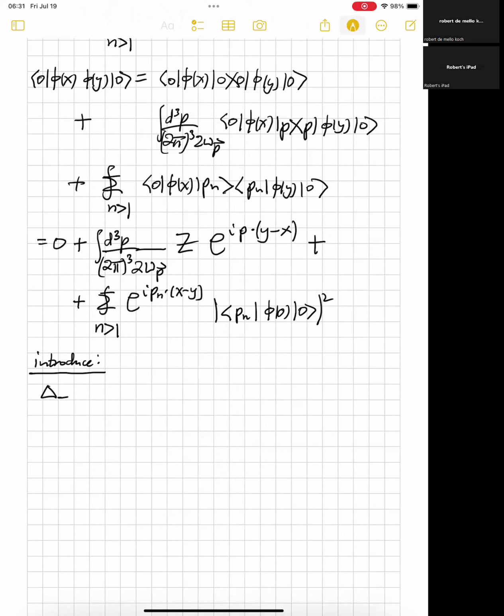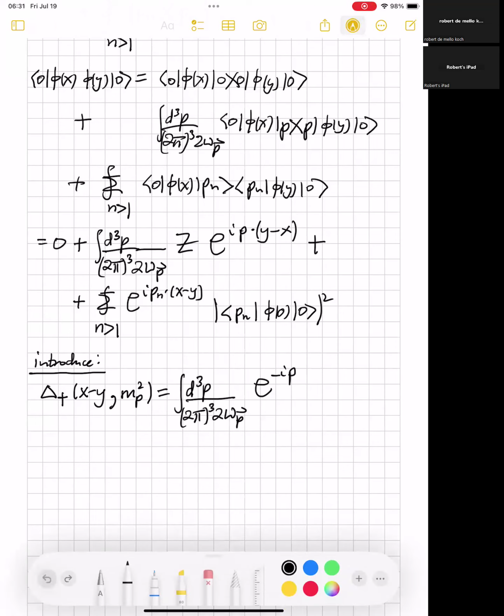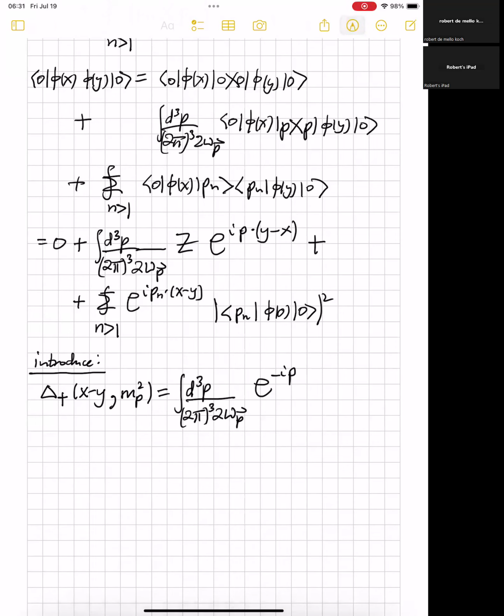So let's call it delta plus of x minus y, comma, m physical squared, so that's the physical mass squared, and this is equal to an integral d3p over 2 pi cubed, there is a 2 omega p, and then there is an e to the minus i p dot x minus y. Good. Okay, we'll continue in a moment.